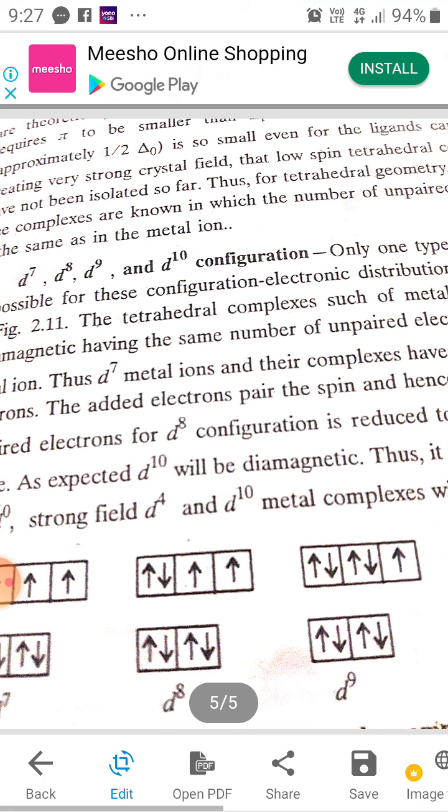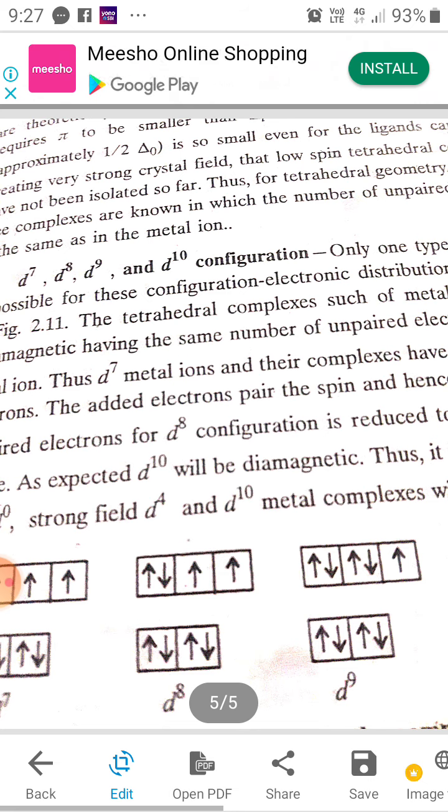The last but not the least point is that both the strong field and weak field types of complexes are theoretically directed, and due to this we have delta T, and delta T is less than delta O, which is the CFSE of octahedral complexes.